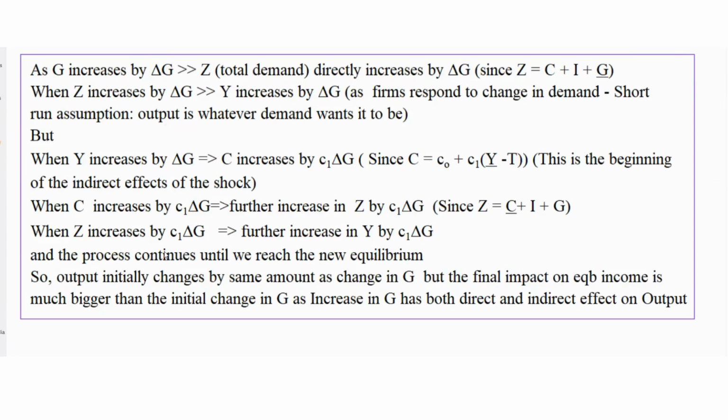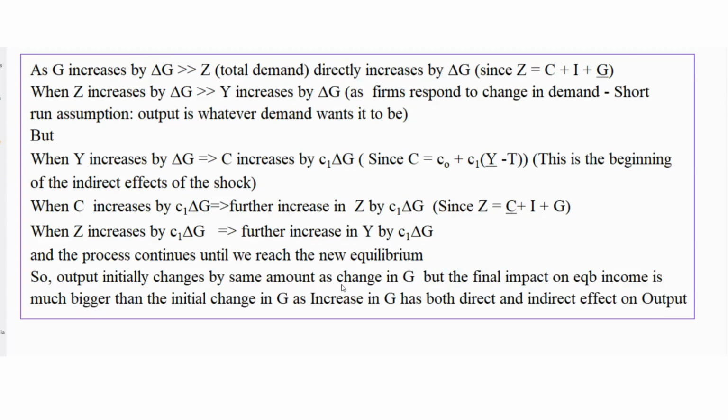So this is the indirect effect on output; the direct effect was the earlier one, but this is indirect because consumption is a function of income. And the process continues until we reach the new equilibrium: when Y increases, this further increases C, which further increases demand, which further increases Y, until the new equilibrium is restored.